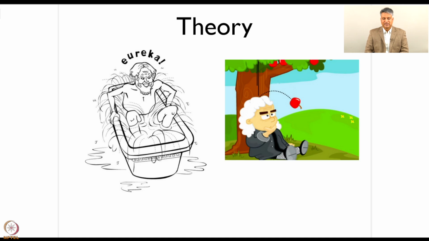Now, it is very easy to find out the mass of a crown by using a simple balance scale. But how do you find out the volume of the irregular shaped crown? Because the only way to determine whether the crown is made out of pure gold or not is to verify the density of the object. And to verify the density of the object, you need both the mass and the volume of the object.